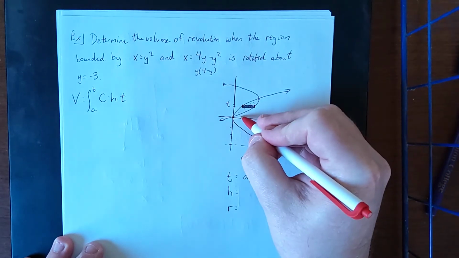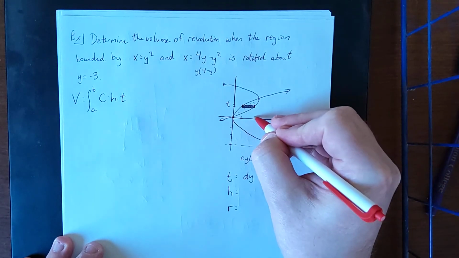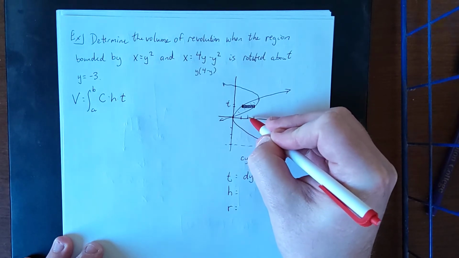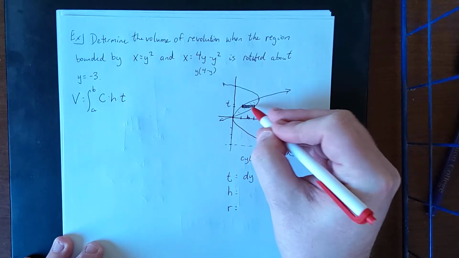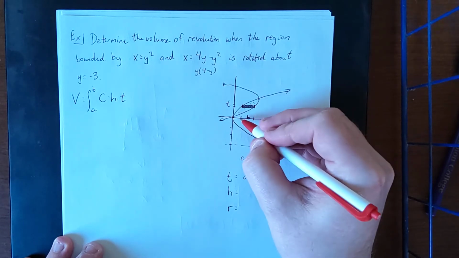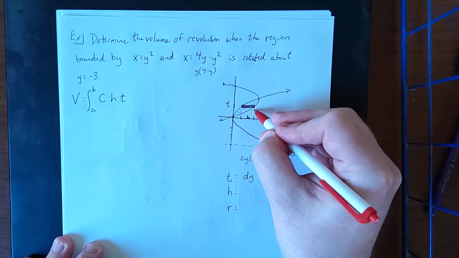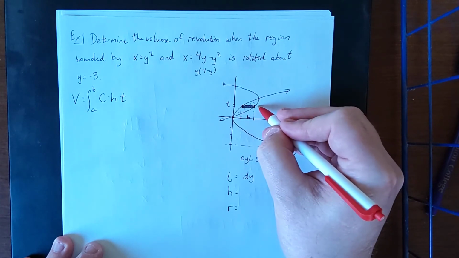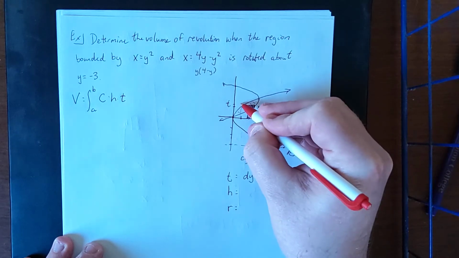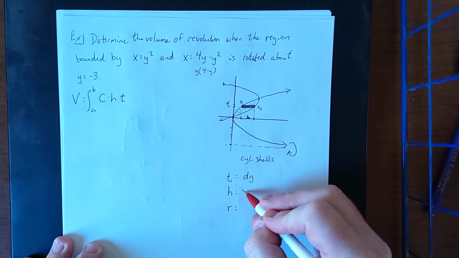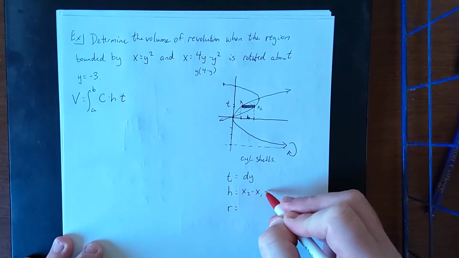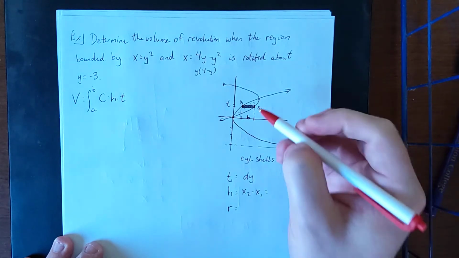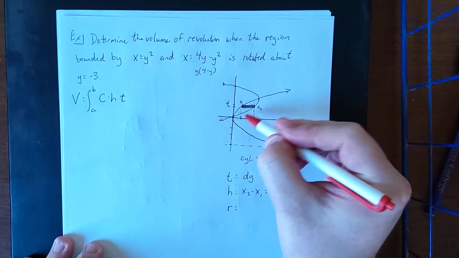The height of our cylindrical shell is going to be the distance from the top to the bottom of the rectangle, or in this case, the right side to the left side. As such, we're essentially going to see what will be an x2 minus x1 in this sense. So x2 minus x1. You'll notice that the x2 in this case is the parabola that's opening to the left.